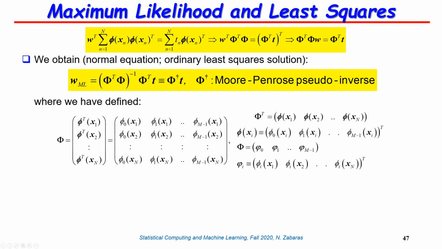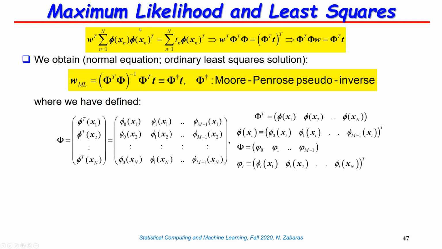Phi0 means I take the basis function phi0 and I evaluate it at all the training data points. So there is a difference between all the basis functions evaluated at the same training point, or all the training data points operated on by the same basis function. And that's what I get in my columns.